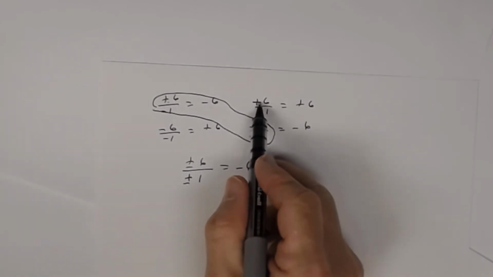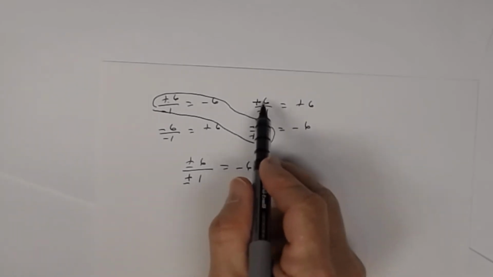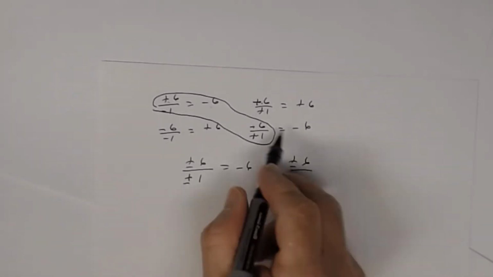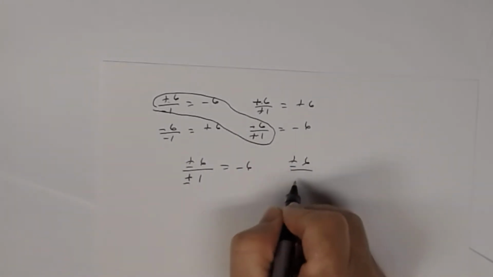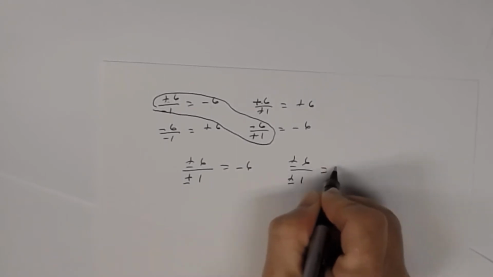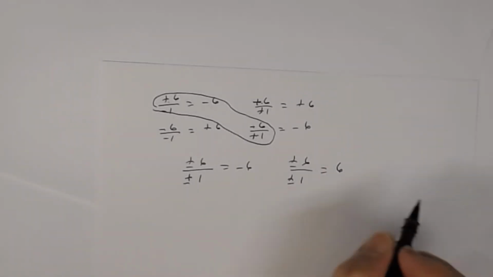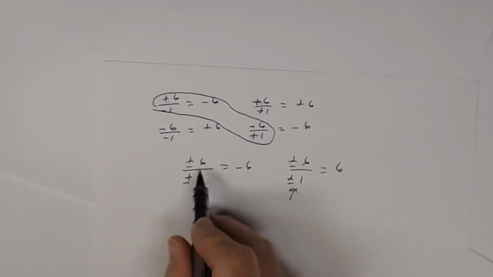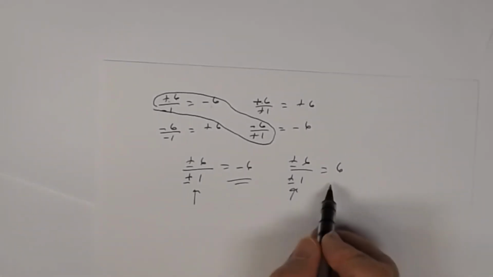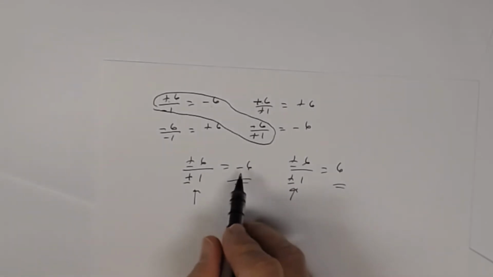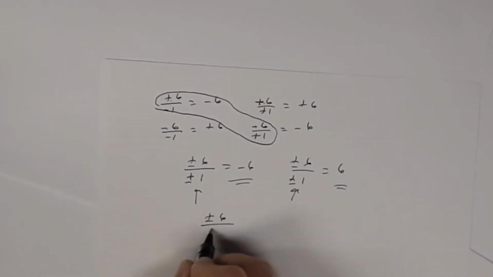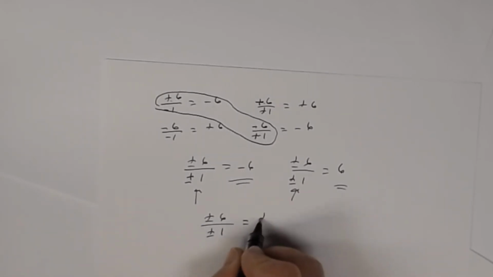Plus or minus 6 divided by plus or minus 1 gives you a positive 6. So you see how these two are the same? If those two are the same, then they must both be equal to plus or minus 6. So here's the point I'm trying to make: plus or minus 6 divided by plus or minus 1 will give you plus or minus 6.